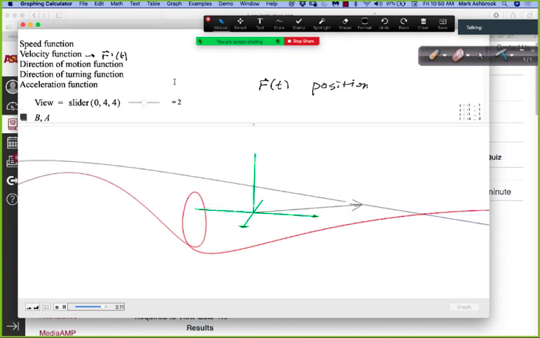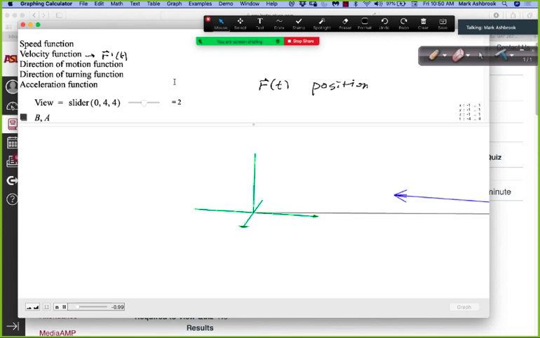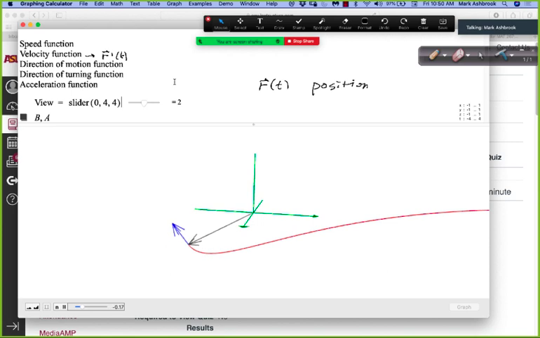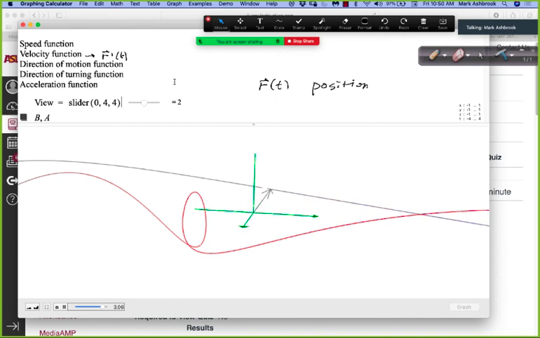And so I'm showing that now. So here's the velocity function I'm showing in blue. It's also a vector function, but better suited to be shown like this because it shows the direction of motion and also the magnitude of the speed, the speed at which the path is being swept out. And so if this is an object, that's the speed of the object.